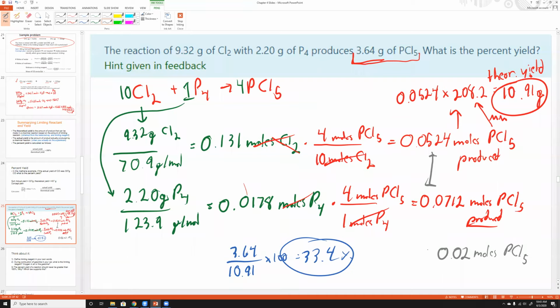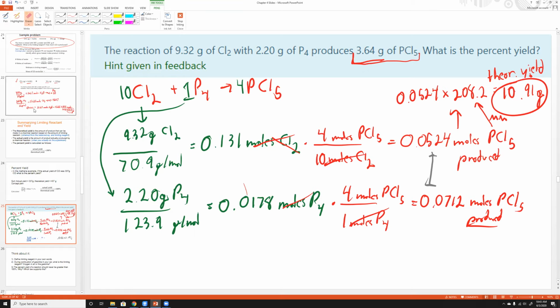So we can actually go backwards. I'll erase this. All right, so we can write 0.02 moles of PCl5, that's how much is not accounted for.